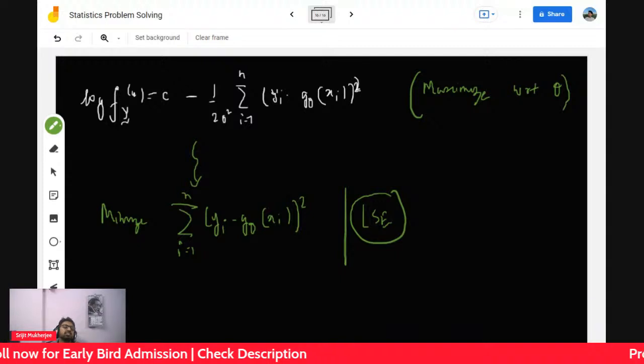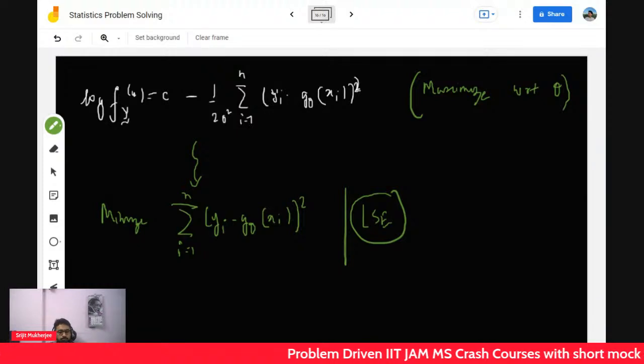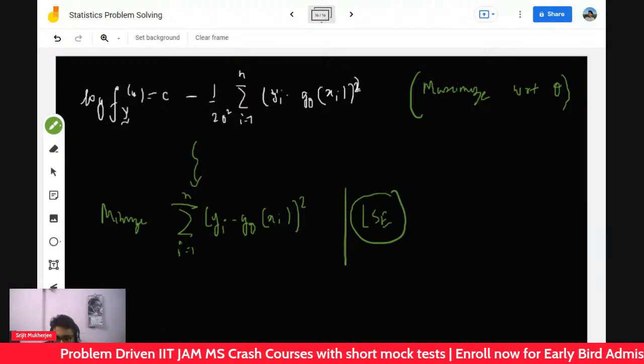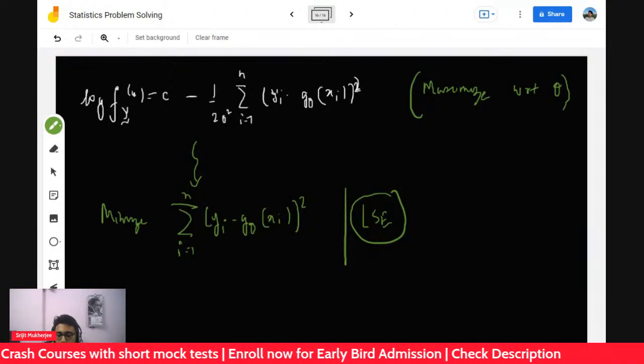So these things will not come in ISI or IIT, but they are really important for your basics. You should respect that. This is of course a practice problem. Bishal, you didn't get me?